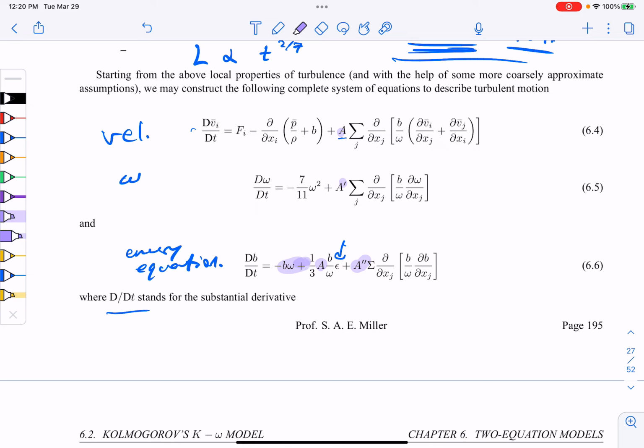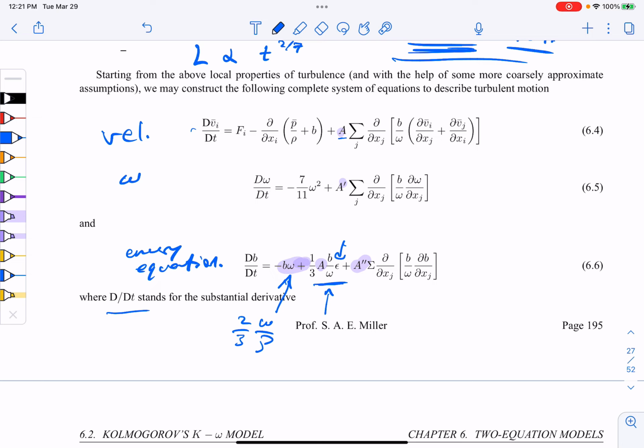The first term here on 6.6, this right there, is going to represent 2/3 of the rate of dissipation of TKE per unit mass of the fluid. So that'll be about 2/3 omega over rho. And the second term, this one, will represent 2/3 of the energy which is given by the mean motion to the turbulent fluctuations.